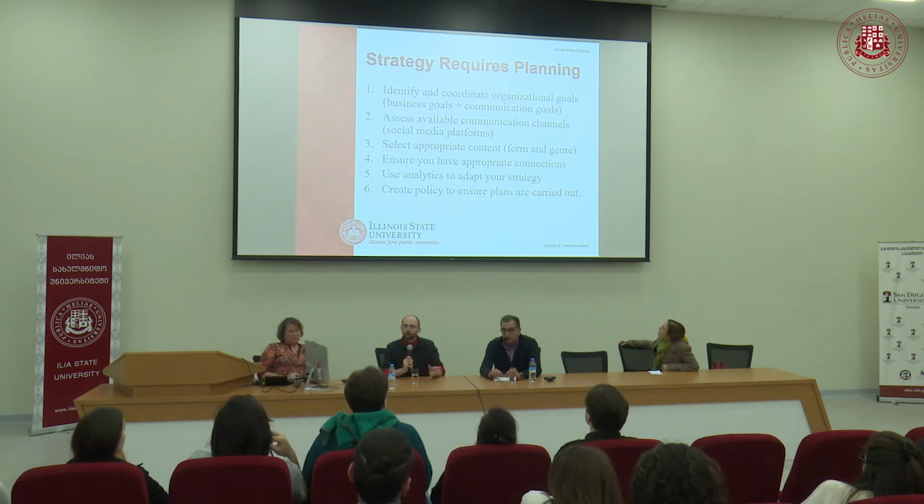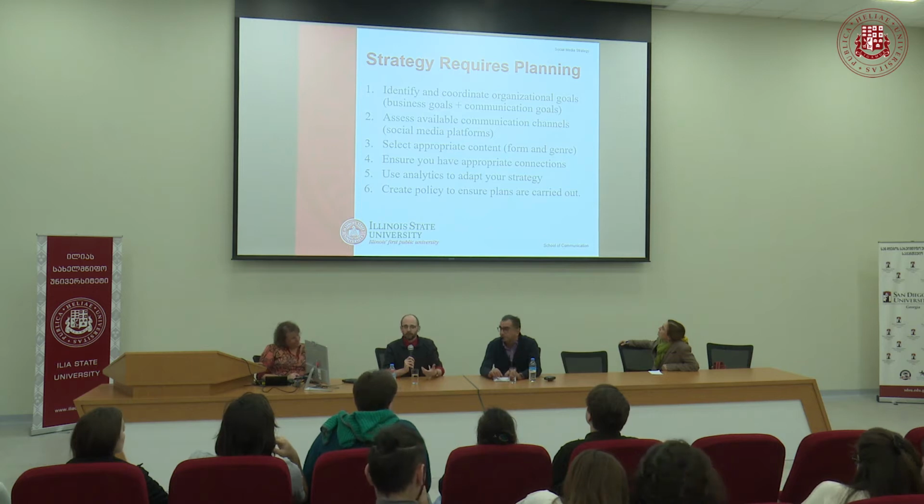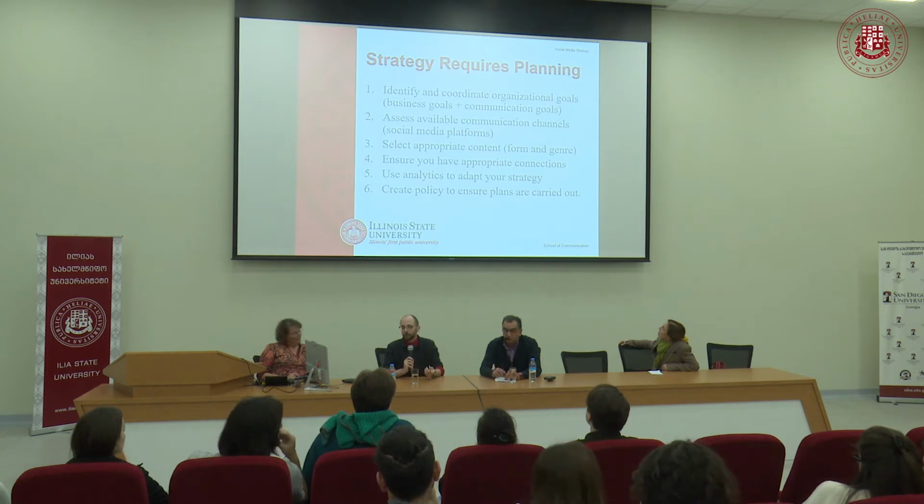And as we'll talk about, there are different kinds of goals, and these goals coordinate, they talk to each other, and they need each other. The second point that we will cover is you need to be able to assess the different channels you have available. In many cases, Facebook might be the channel that you need to use, but there may be others available based on your audience, and so you need to be able to effectively assess what those are.